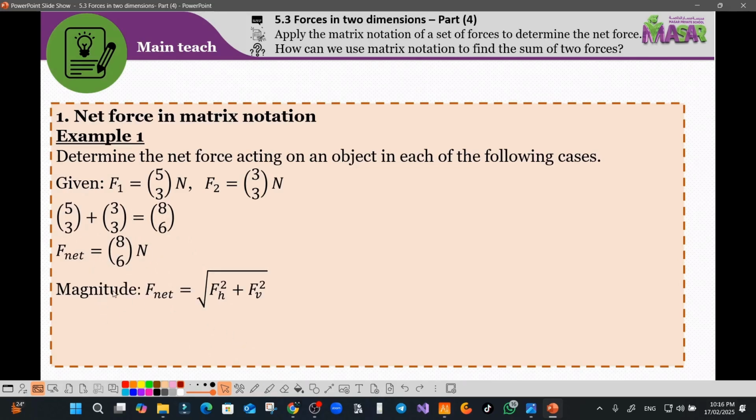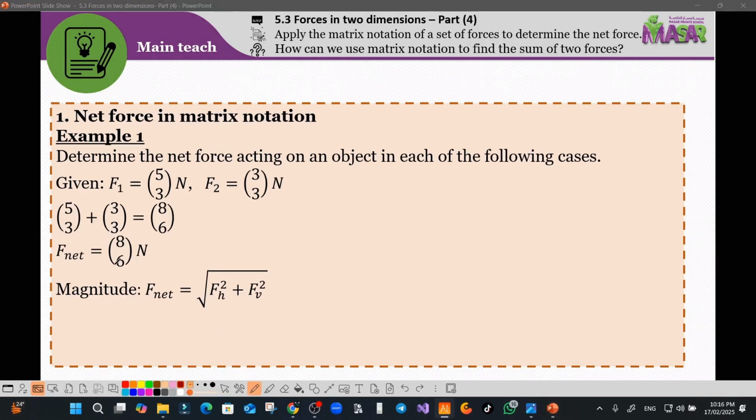Now what will be the magnitude? Since 8 and 6 can be drawn like this, this is the Fh, this is the Fv. They are perpendicular, so we have 90 degrees between them. The only way to combine two perpendicular forces is by using the Pythagorean sum.